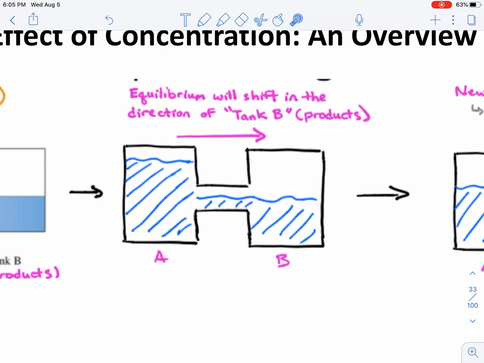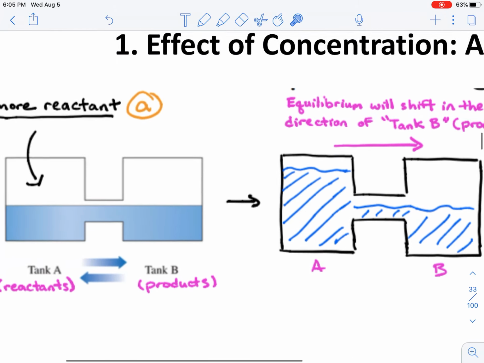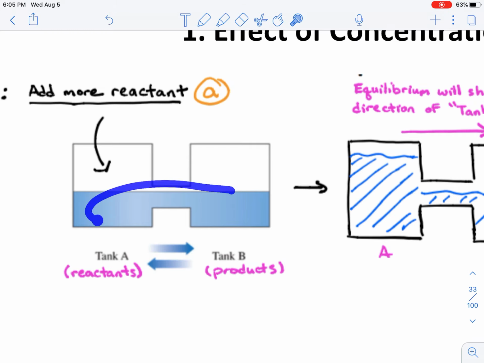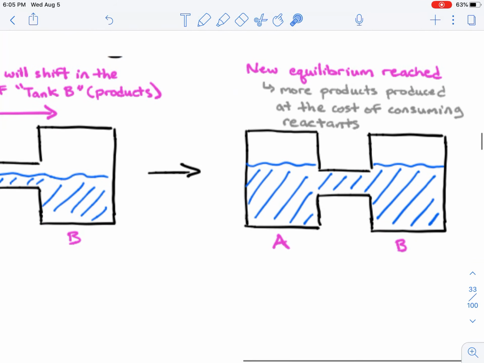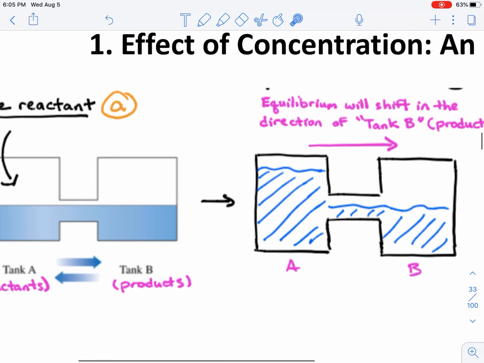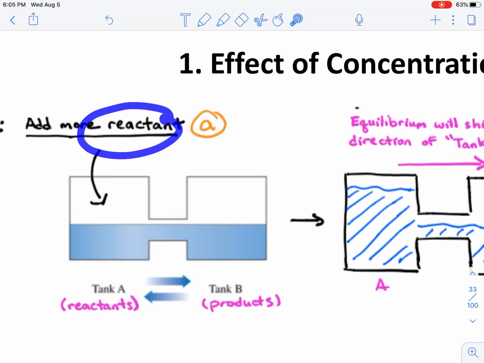And so let's go ahead and tie this back in to a chemical reaction. If a chemical system is at an equilibrium, and if we add more reactants, then to reach a new state of equilibrium, the reactants that were added to the system must be consumed.